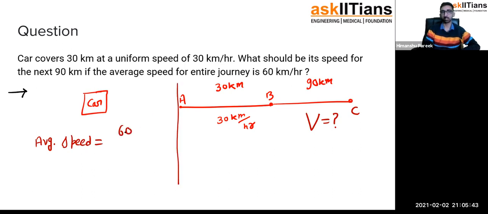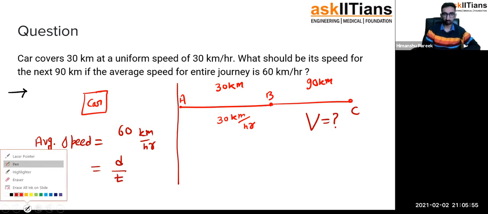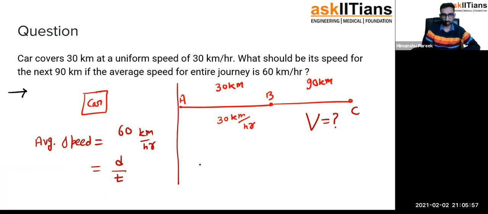Average speed is given 60 kilometers per hour. We know average speed is equal to total distance upon total time. What is the total distance? You can see it very clearly here. Total distance 120. Total time, so again to calculate time, divide distance by speed.